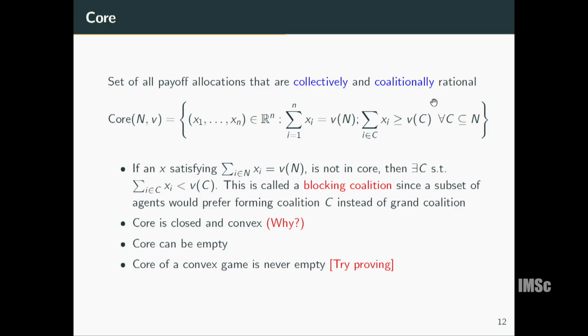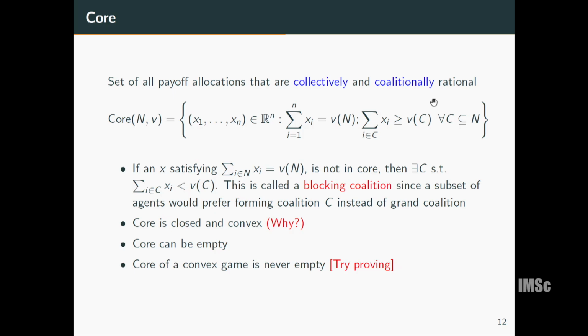All these 4 properties cannot be satisfied, you can easily prove it. However, and that's the beauty, the core of a convex game is never empty. That's why convex games are important. Core of a convex game is never empty.